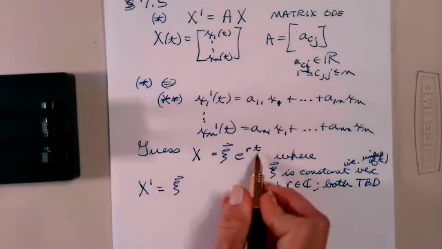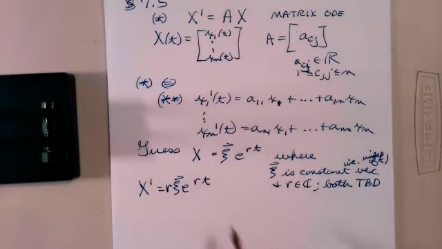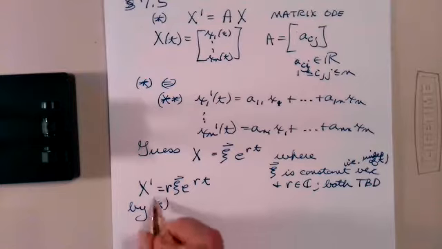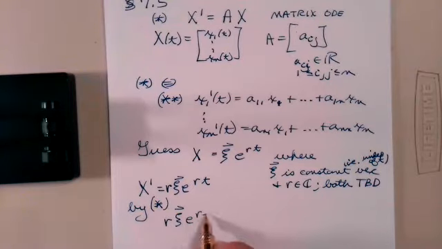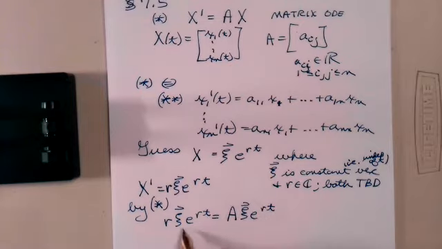times the derivative of e to the rt, which gives an r e to the rt. And so by equation star, r C e to the rt is to be equal to the constant matrix A times C e to the rt. The only thing that's a matrix here is this C, a column vector.